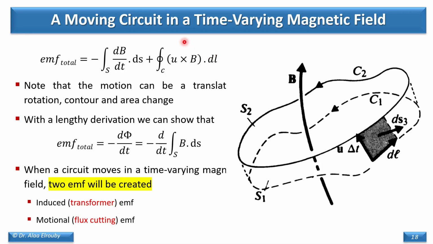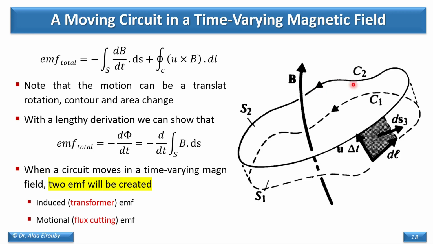The motion of the conductor, in this case a circuit, so it's a closed contour, will cause a flux cutting EMF. The total EMF in this contour, this circuit or loop, equals the sum of the two.